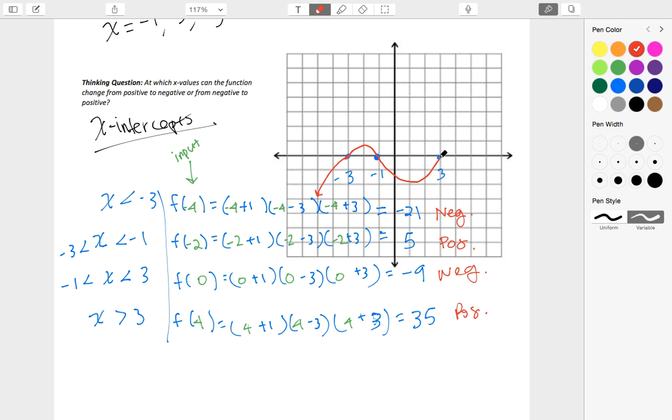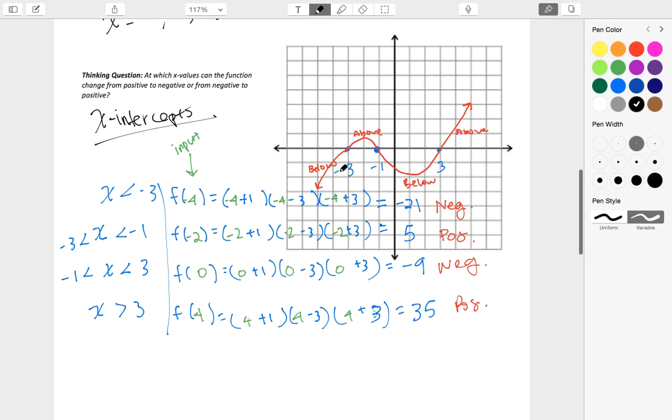And the last interval is positive, so it's going to go straight through and be above the x-axis. So think of this as this is below, this is above, this is below, and this is above. Okay, so that is how we are able to find the signs algebraically. This takes some time, but that's how we do it.